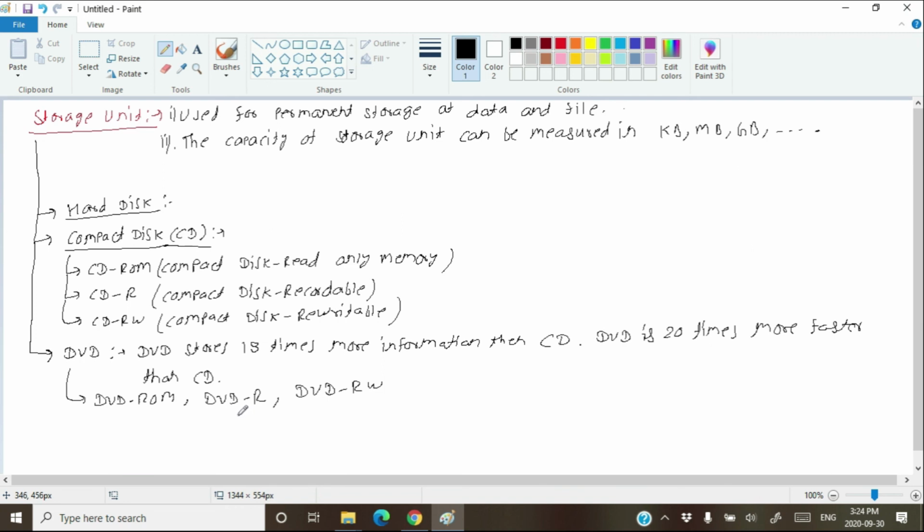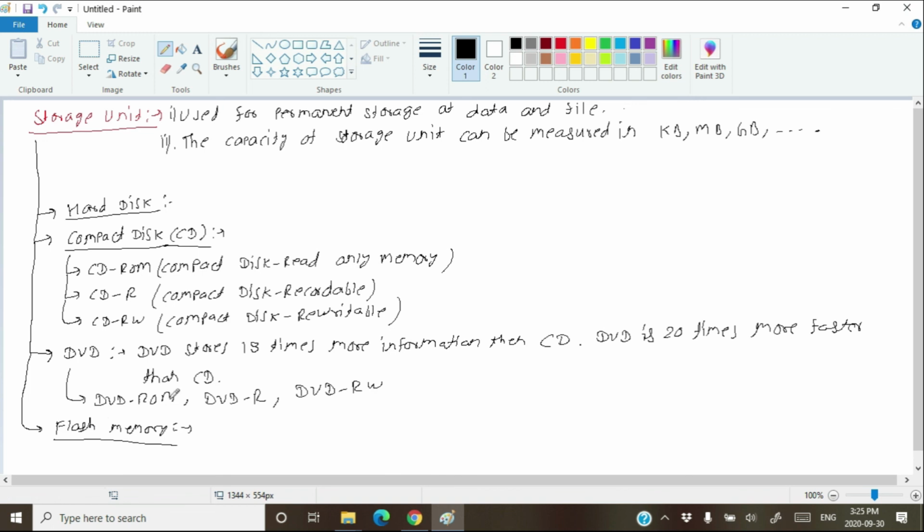After that, we have something called flash memory, like our pen drive. Your book does not discuss SSD, so I am also not discussing SSD, but the technology of SSD is very similar to flash memory. The flash drive is a small, ultra portable storage device with solid state memory.